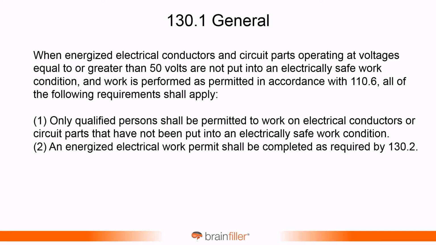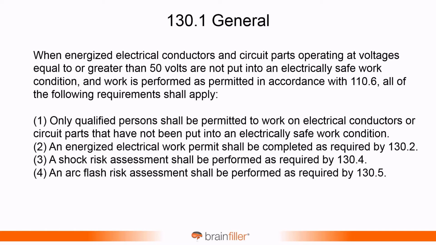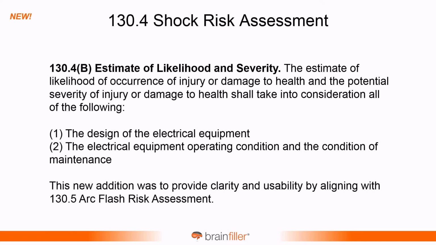An energized electrical work permit shall be completed, and the shock risk assessment performed, and the arc flash risk assessment performed. And so this is a lot of the same concepts, although some of this was reworded as part of the reorganization that has occurred. The shock risk assessment.